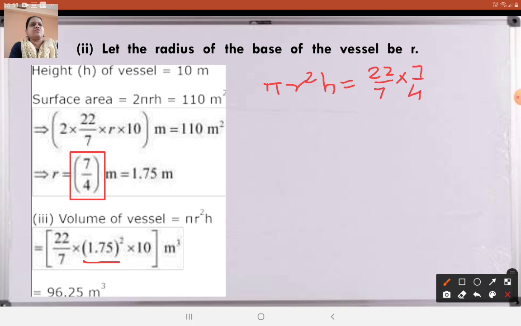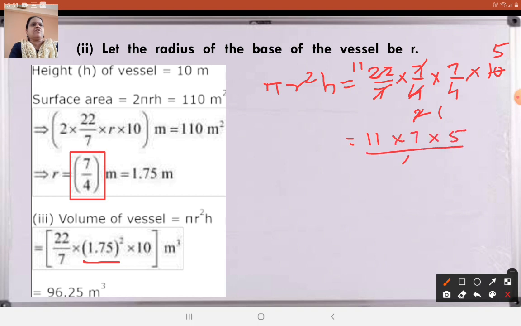As it is r square, I will multiply twice, into the h value given as 10. So this 7 and 7 will get cancelled. 2 2s are 4, 2 11s are 22, 2 5s are 10. So here 11 into 7 into 5 by 4.